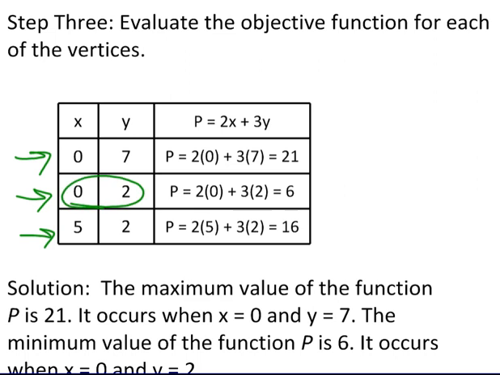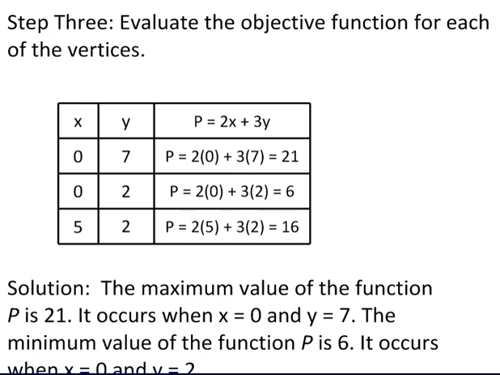You're going to plug in the point 0, 2. And when you do that, you get P is equal to 6. And finally, you're going to plug in 5, 2 and get 16. And you're almost done, not quite done yet.